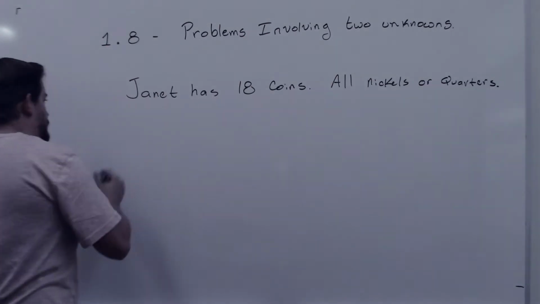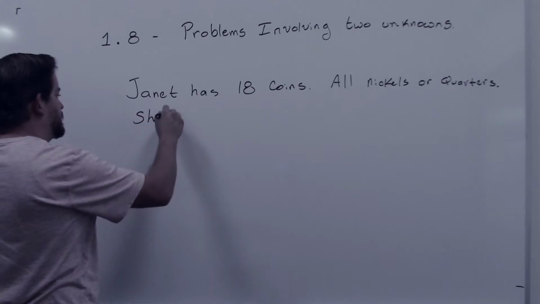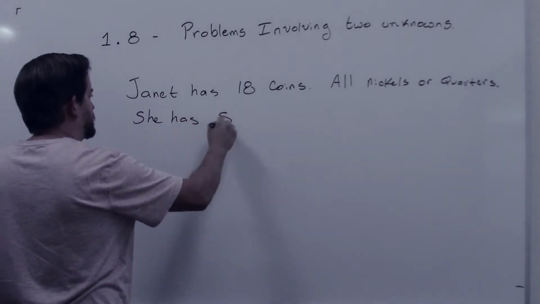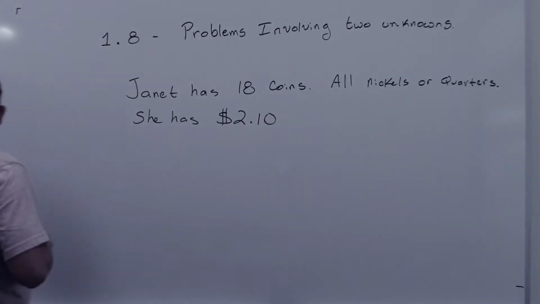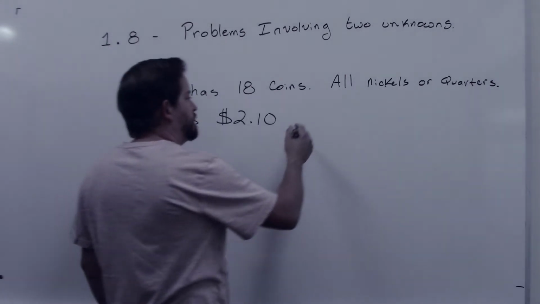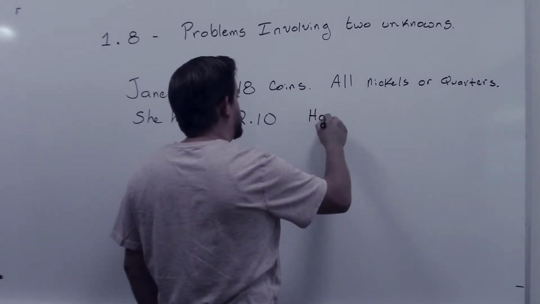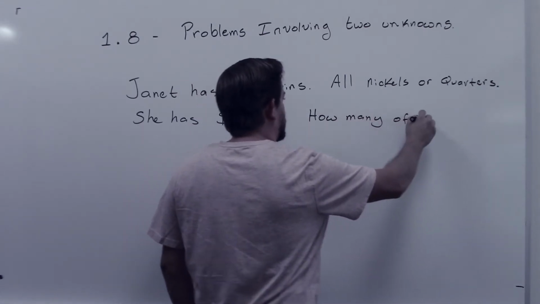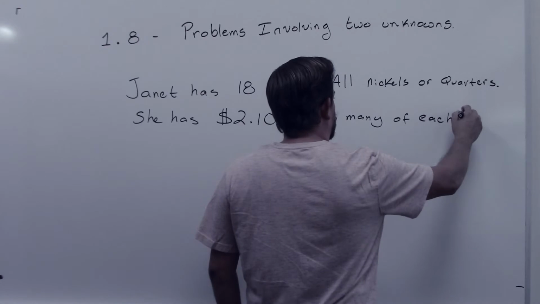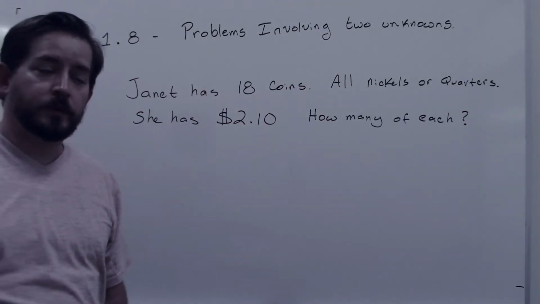If we know that she has a certain amount, $2.10 in this case, then the question is, how many of each type, nickels and quarters, does she have? So that's our problem, that's what we want to figure out.